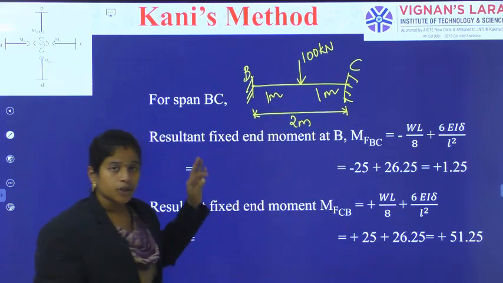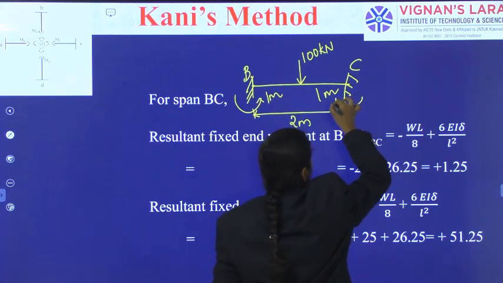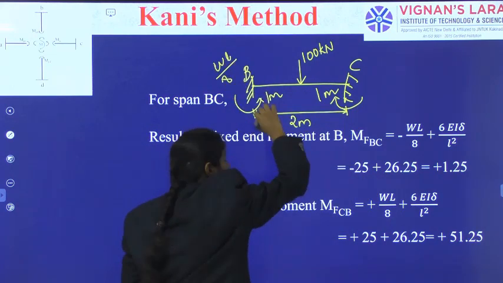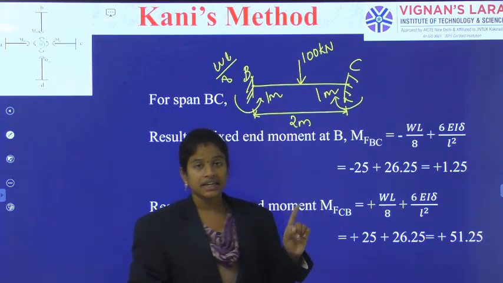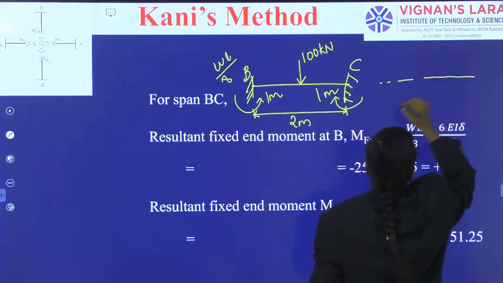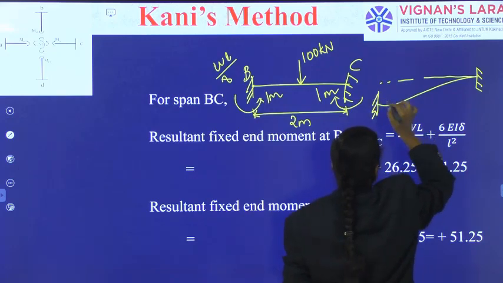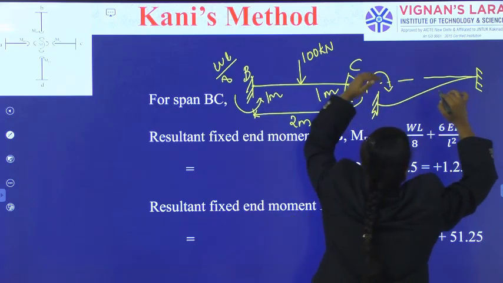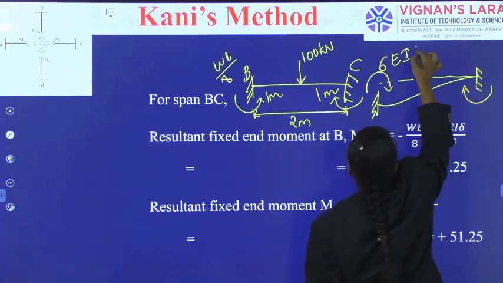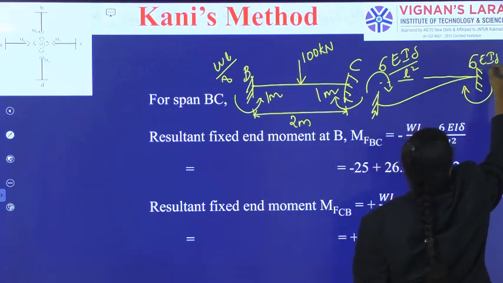right? So, due to this center point load, the corresponding fixed moments generated are WL by 8 and WL by 8. So, this is WL divided by 8. But here what is happening? Here the support B is sinking. So, the beam is and you can observe the corresponding sinking and here the corresponding resistance. So, 6 EI delta by L square, 6 EI delta by L square.